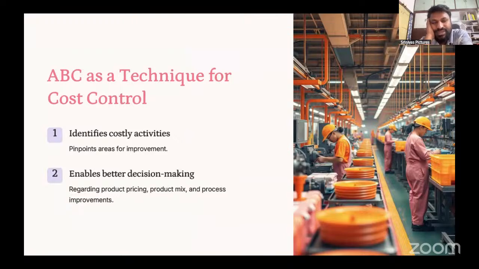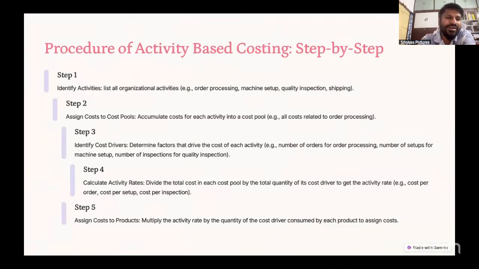And for product mix, when you are producing some products along with other products, you have to identify the cost of activities in the various products. So you can know which product is giving more benefit with minimum cost, and which product has maximum cost with minimum profit. We can identify that, and according to that, we have to take the process improvement.